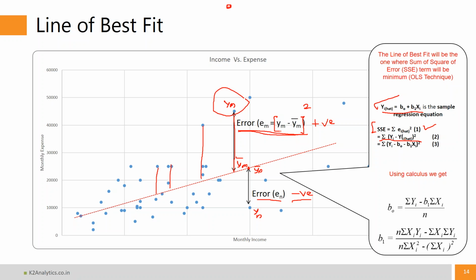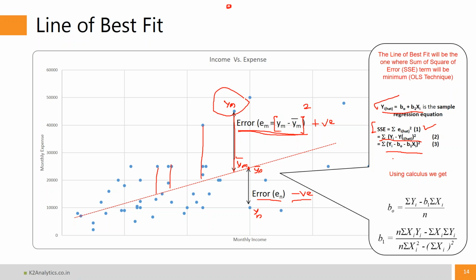So I can replace this y hat here, and then I can run calculus. Calculus is basically derivatives, integration, limits. All these concepts are part of calculus. I can run calculus to arrive at the equation such that this error term is minimized.